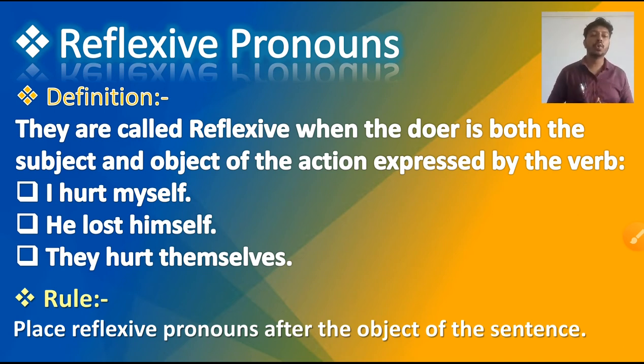There is no such rule. The subject and the object will be the same one, such as me, myself, he, himself, they, themselves. In this way you have to form a sentence so that the reflexive pronoun will be used. So don't follow the rule that you place the reflexive pronoun after the object of the sentence. This rule is not applicable here. By mistake I have written it, please pen through the rule.